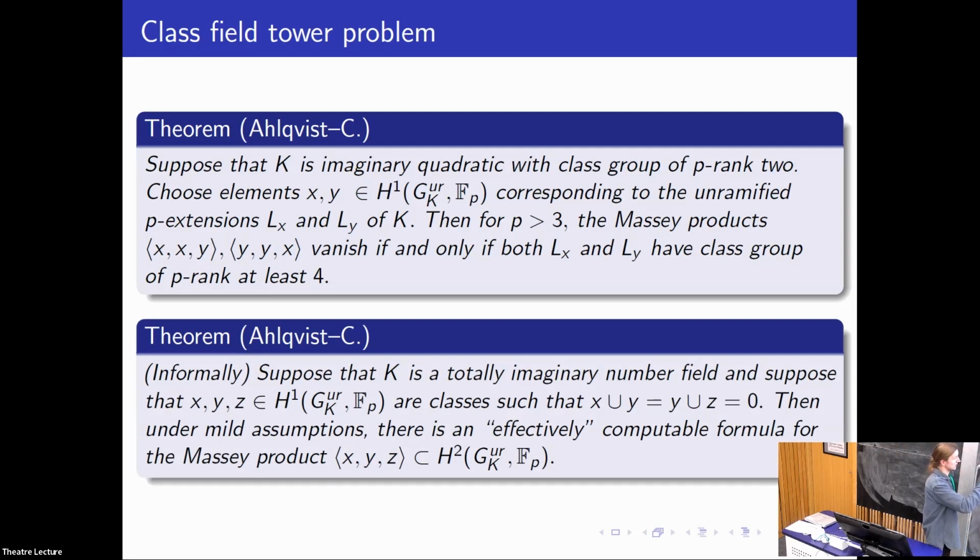And further, we actually give a very, very terrible formula for Massey products. It's not something you can do by hand, but you can do it by computer. So this is the informal theorem: if K is totally imaginary, and you have X, Y, and Z with X cup Y equal to Y cup Z equal to 0, then under some mild technical assumptions, there is an, quote, effectively computable formula for the Massey product.